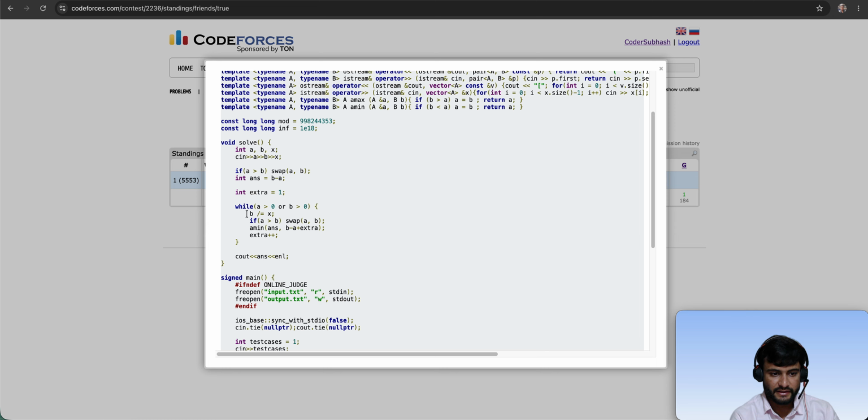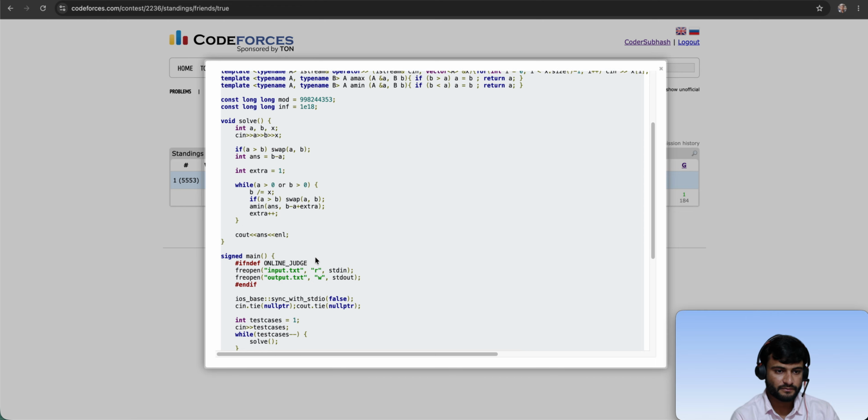Then we will apply the division operation on b because b is greater than a. After applying the division operation, we will calculate the answer. Answer is the minimum of answer and these add operations plus these division operations. And we will increment the number of division operations by 1. Okay, and this will be our answer for the optimal case.